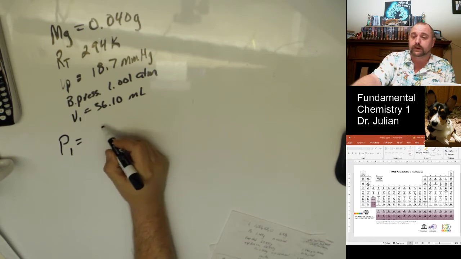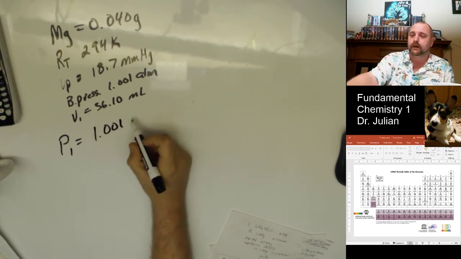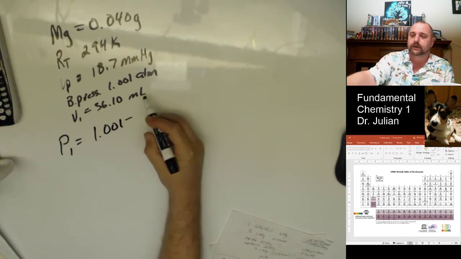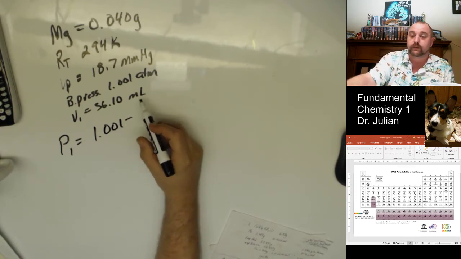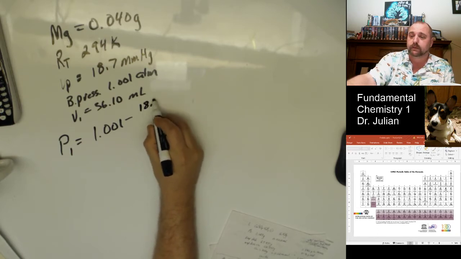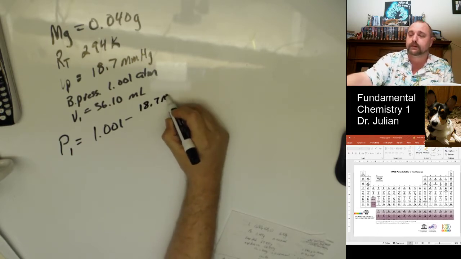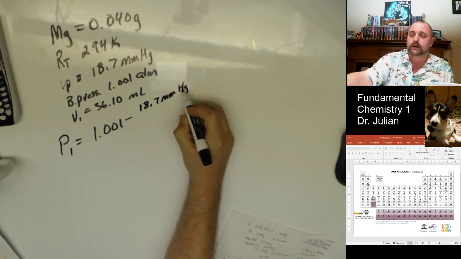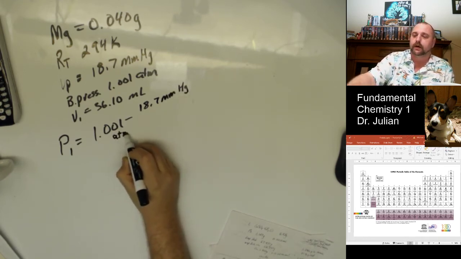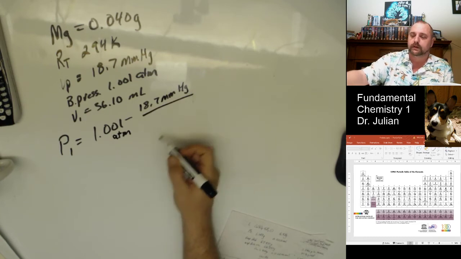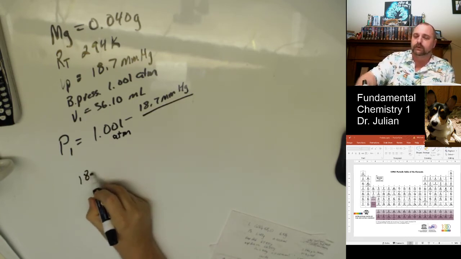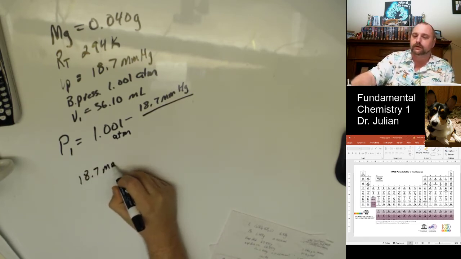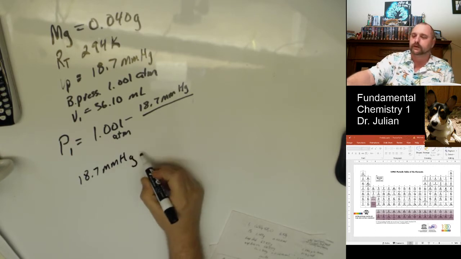We're going to take the barometric pressure, 1.001, and subtract from it the pressure of the water, which was that vapor pressure, 18.7, but that's millimeters mercury, and this was atm. We need those in the same units.